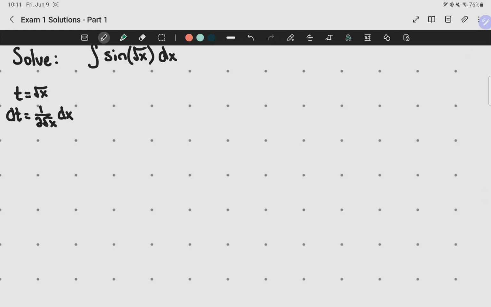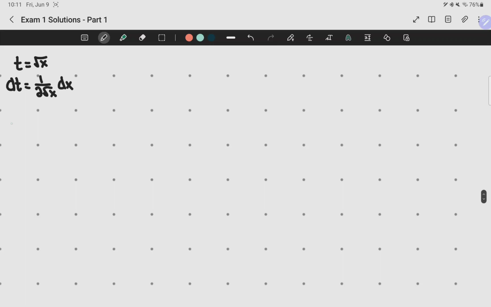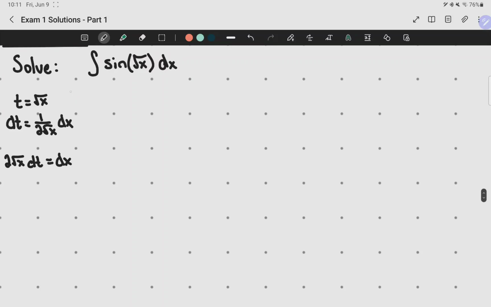To get dx by itself, which we need, we're going to multiply each side by 2 square root of x. So we're left with 2 square root of x dt equals dx.